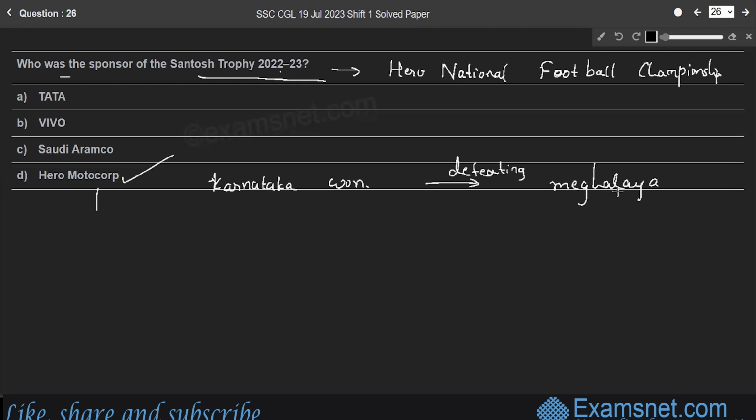Karnataka won the Santosh Trophy National Football Championship after a 54 year wait. The final match was played at the King Fahd International Stadium in the Saudi Arabia capital. Services beat Punjab 2-0 in the playoff to finish third. So for the given question, Hero Motocorp, option D, is the right answer.